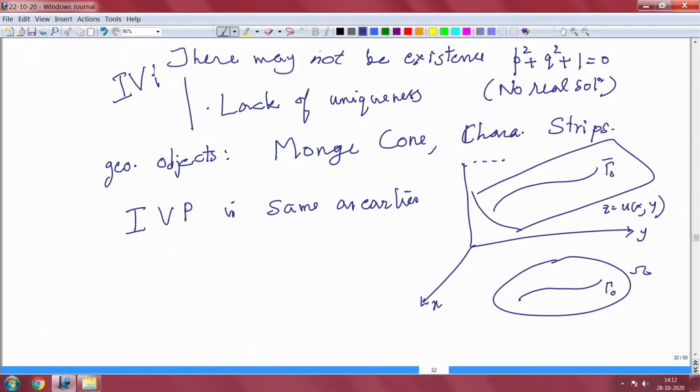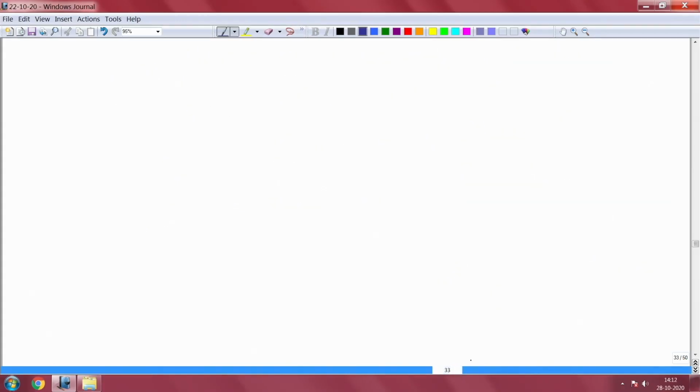So, what is the difficulty? Let us understand the geometry a little bit. Fix a point x naught, y naught, z naught in R3, and look at the equation f of x naught, y naught, z naught, p and q.